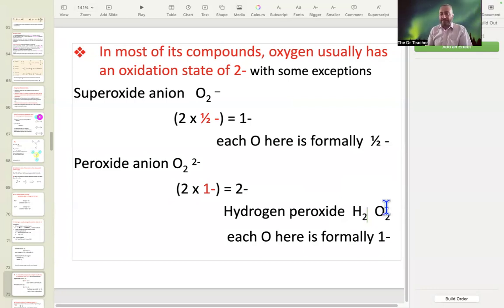So how come this becomes 0? Let's go inside. The hydrogen oxidation state is known, but the oxygen is unknown. The oxidation state of each hydrogen is +1. 2 times +1 will be +2. So the 2 oxygens together should be -2.